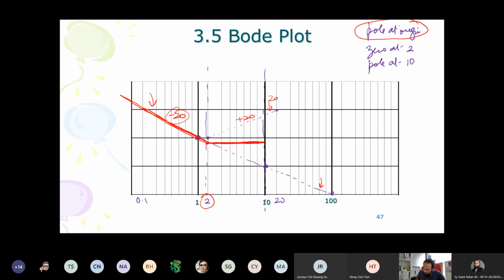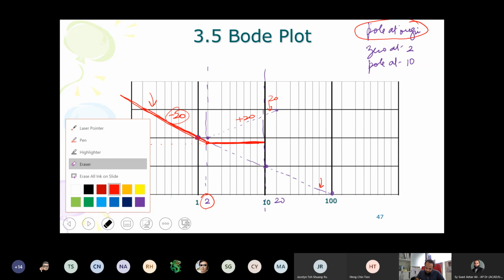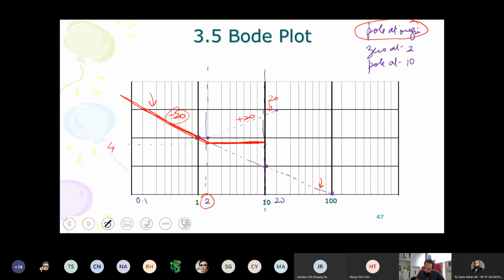So from here we will see this magnitude. Let's say the value is 4. So from 10 we'll go to 100 at 0. This looks like minus 4 actually. So minus 4, then we'll go to minus 24.